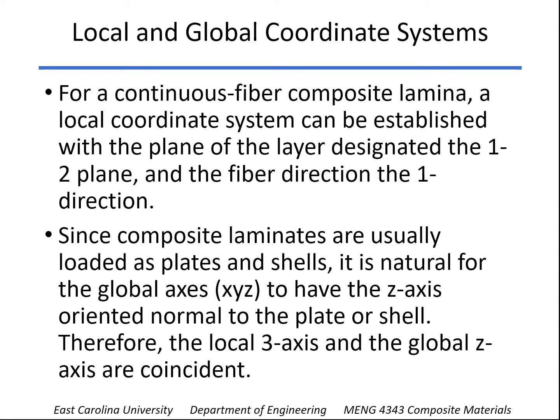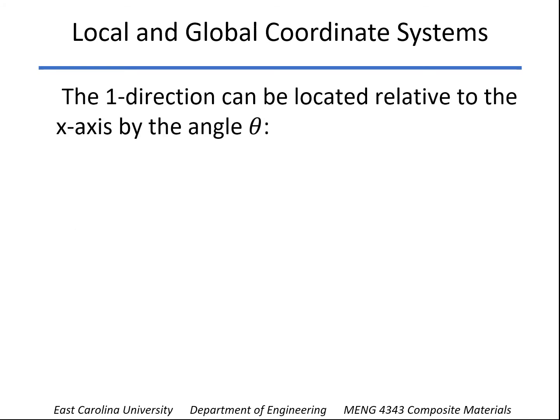So the global axes will have the XY plane as the plane of the laminate, and the Z-axis will be normal to the plate or the shell. Similarly for the local coordinate systems, because the 1-2 defines the plane of the layer, the 3 direction is going to be normal to that plane. So in this case, the local 3-axis and the global Z-axis are going to be coincident. Let's take a little closer look at that.